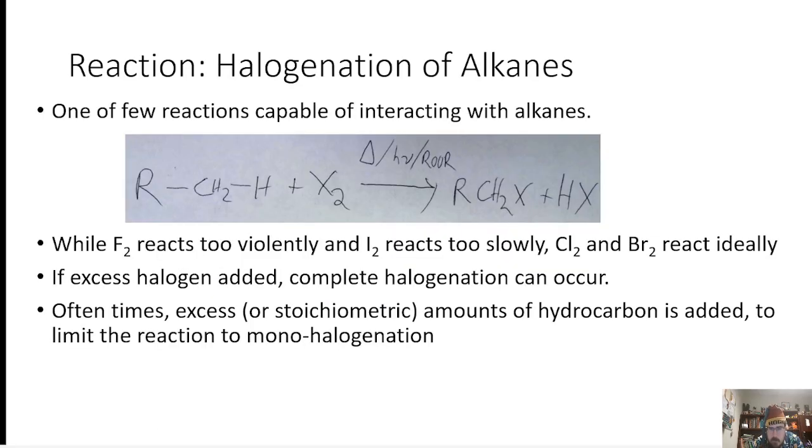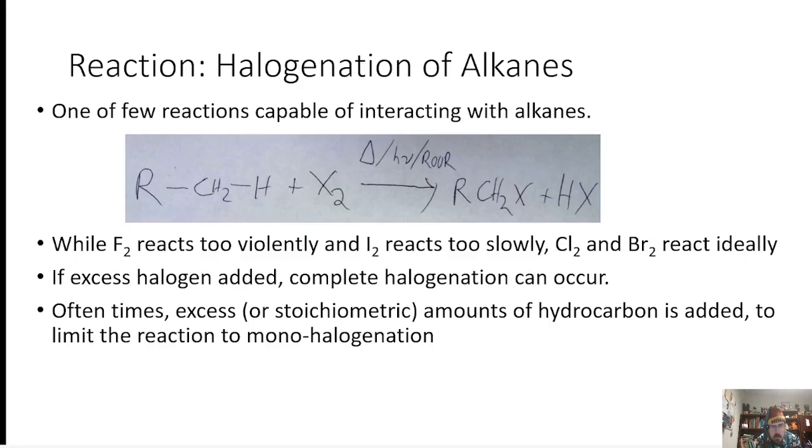So one of the first reactions we will look at is halogenation of alkanes. It's one of the few reactions that's capable of interacting with alkanes, because normally alkanes are non-reactive. You need a functional group on there to get things going.